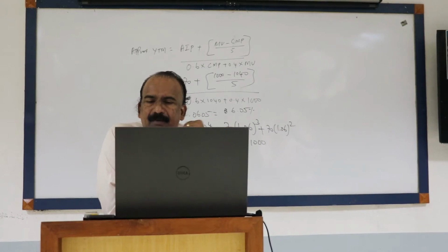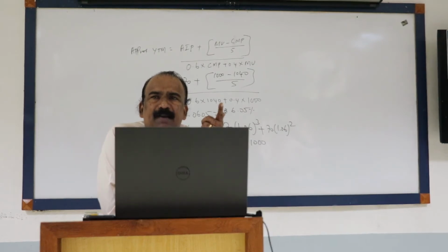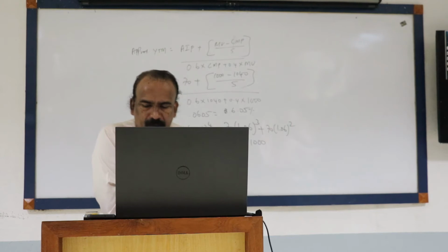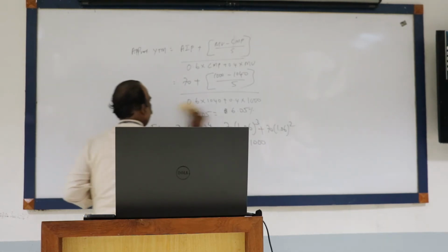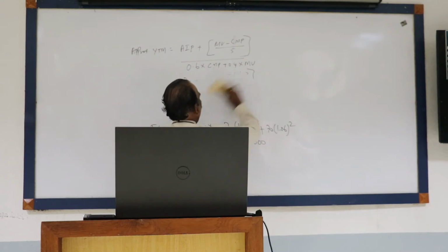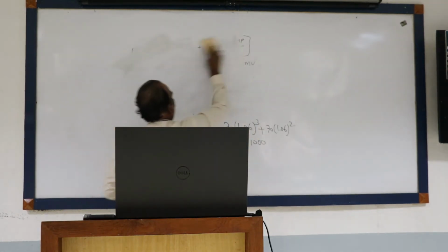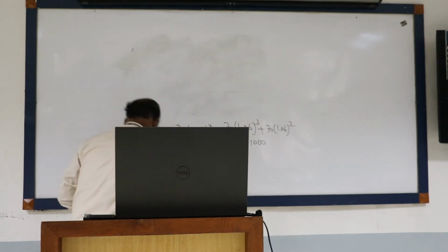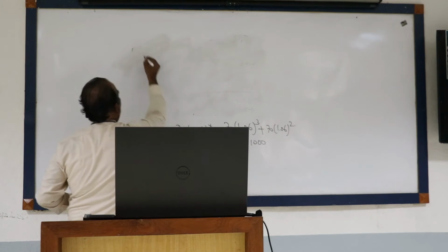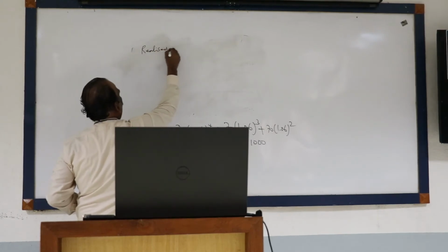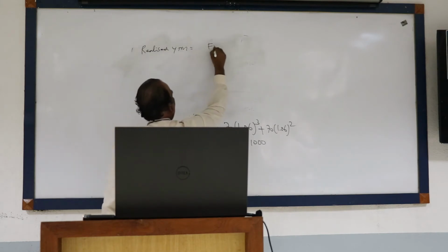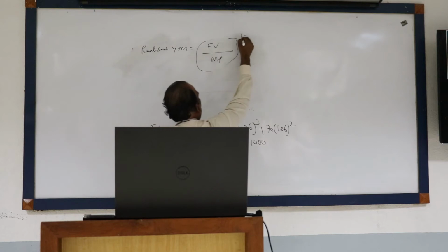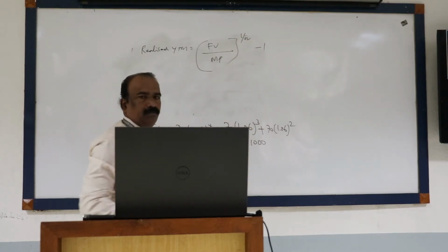So how much is the value? That's what we are going to calculate. Realized YTM is future value divided by market price, power 1 by n, minus 1.